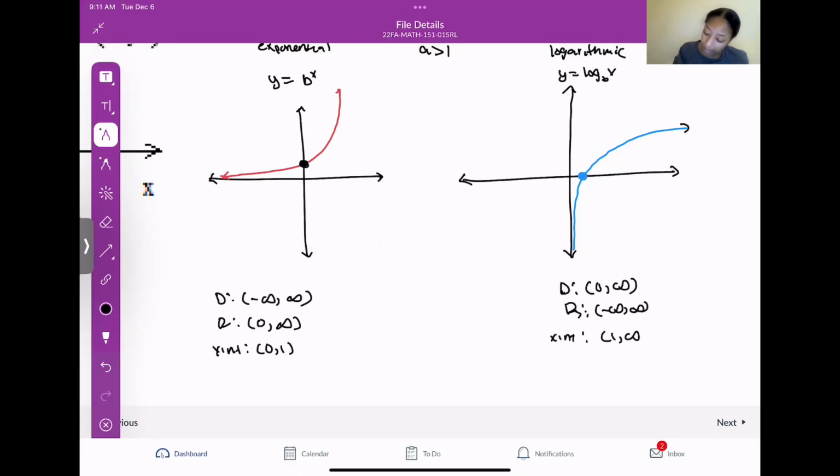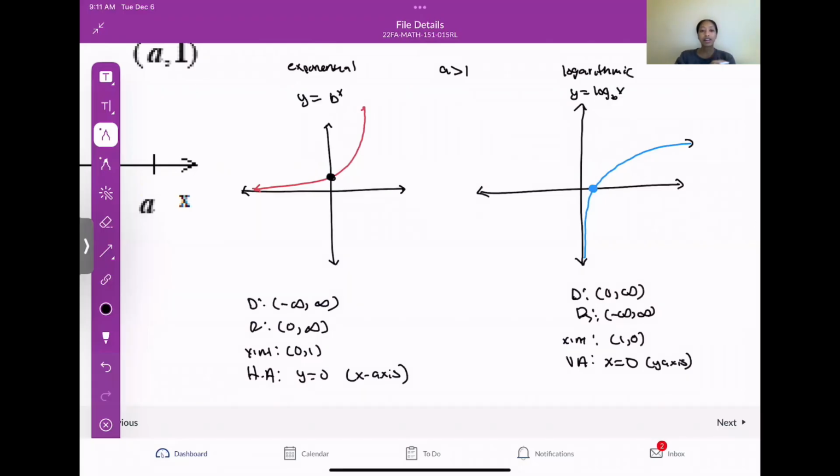Logarithmic has an x-intercept at 1, 0. Vertical asymptote is a vertical line, so it's x equals 0, which is the y-axis. The horizontal asymptote is y equals 0, which is the x-axis.